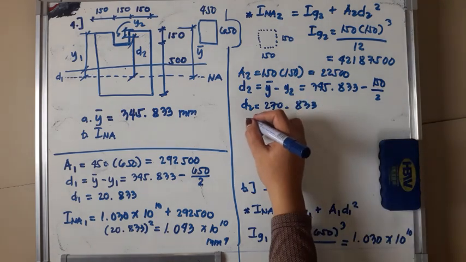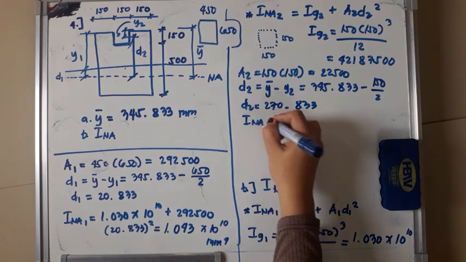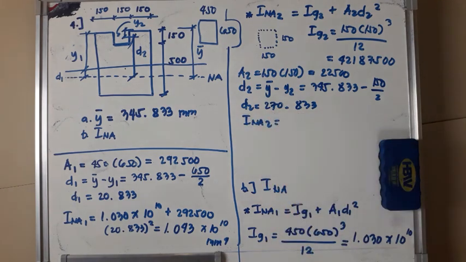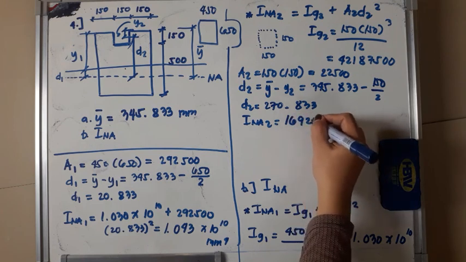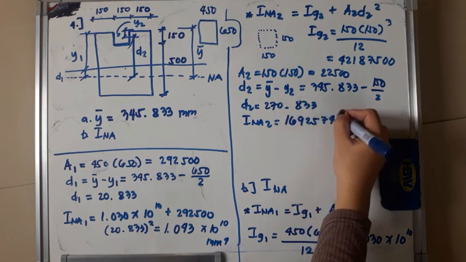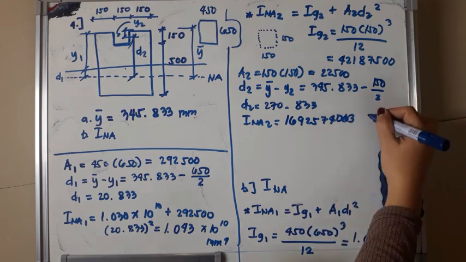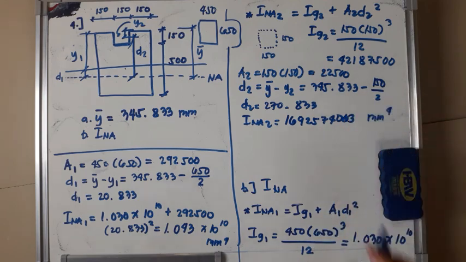So our I and A2 becomes IG2 plus A2 D2 squared. So this is 169.2574.063 mm raised to 4.